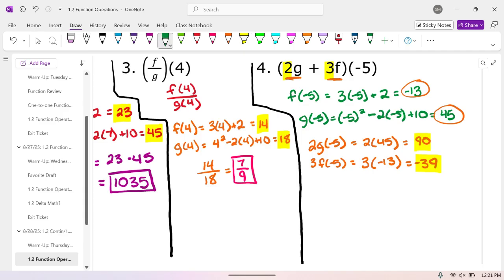So 2g plus 3f of -5 is equal to 90 plus -39. So that would give me what? 51, yeah. That would be your answer.